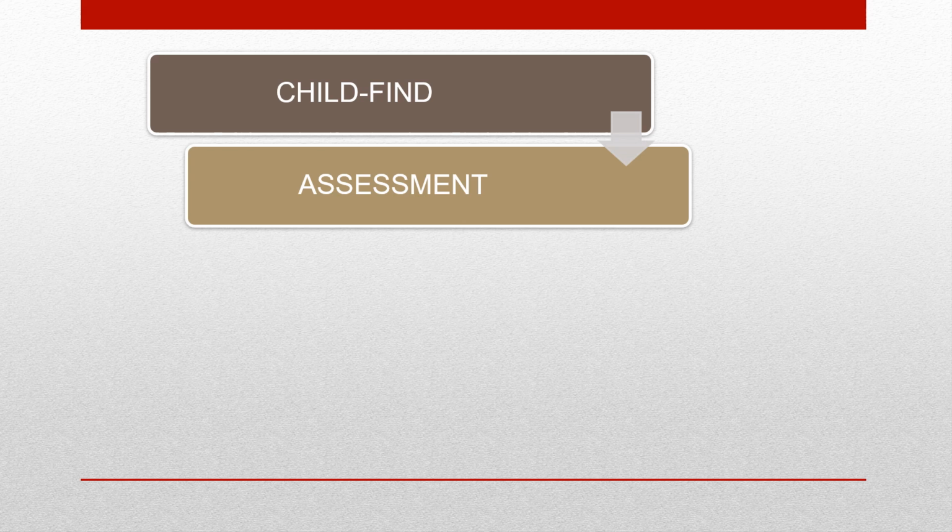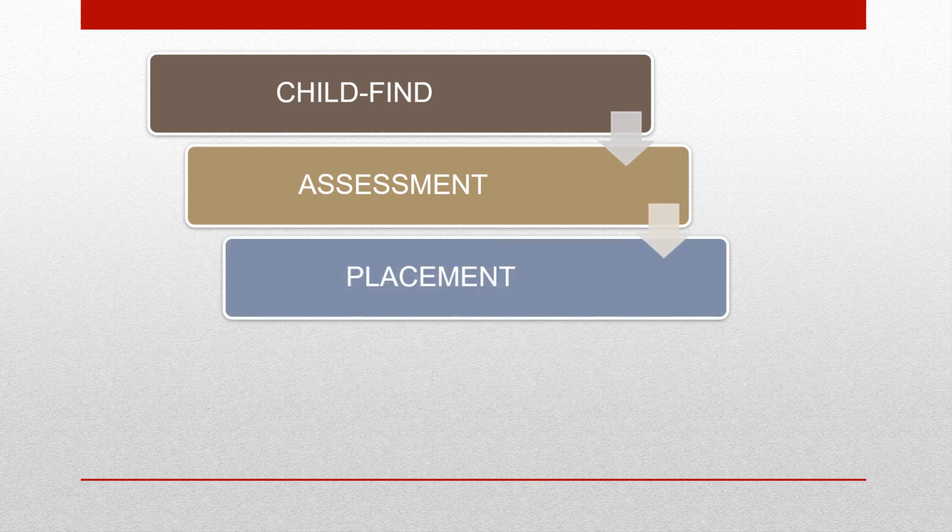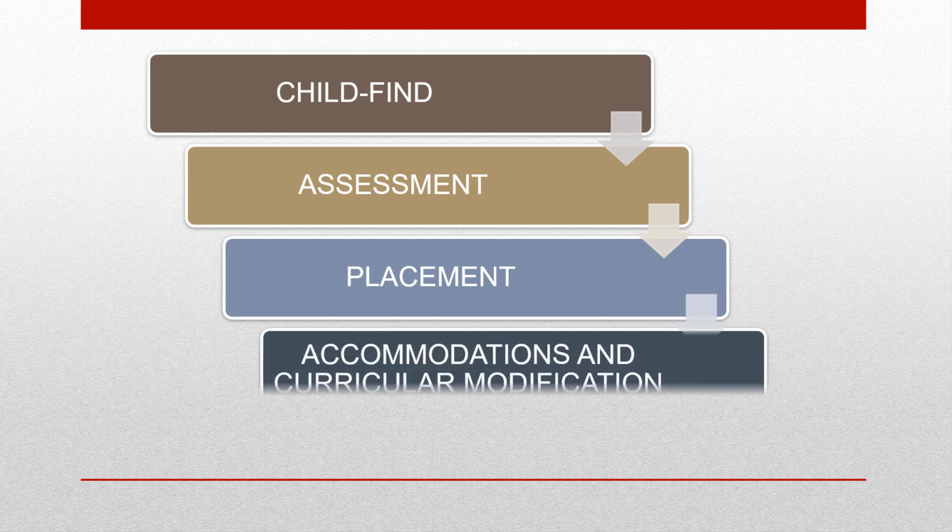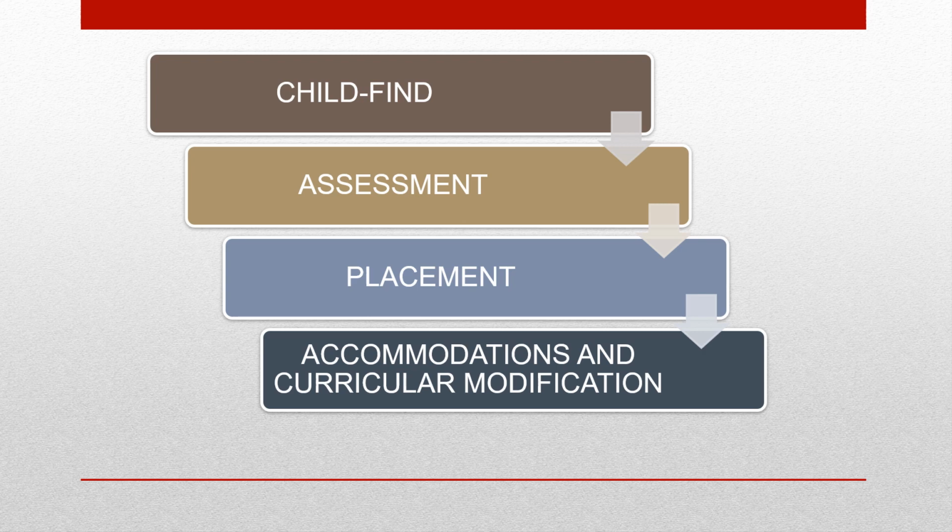It will be followed by placement by placing the child to the right program or environment based on his special educational needs. And then, the teacher will make his or her accommodations and some curricular modification to be inclusive in his or her teachings, such that it can help the child with disability learn as well as this child's classmates.